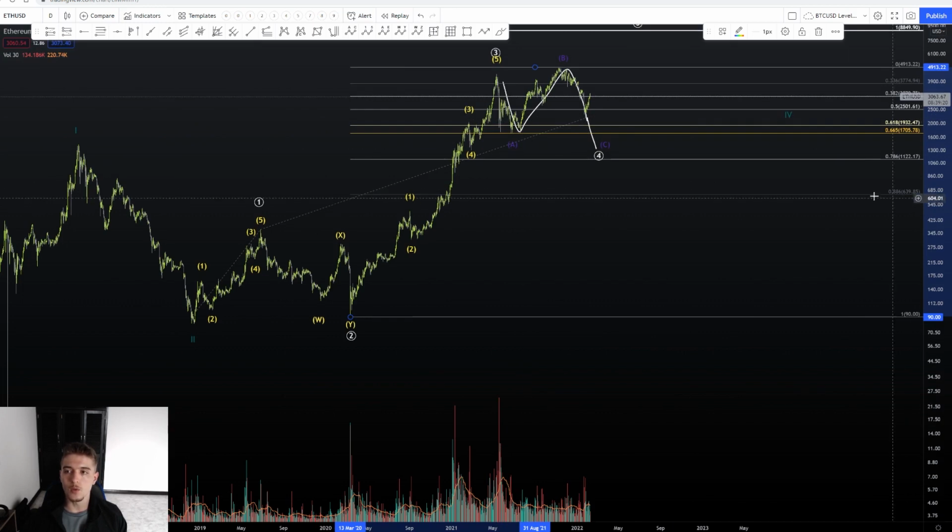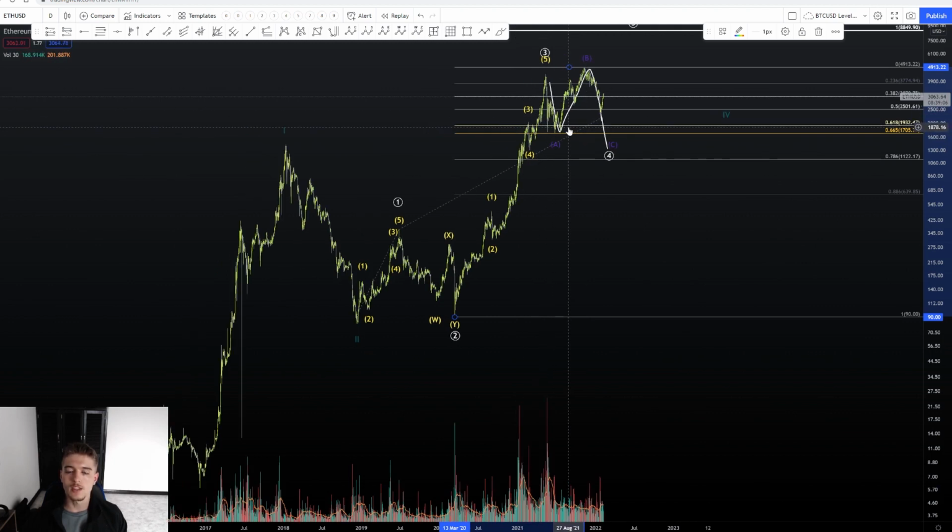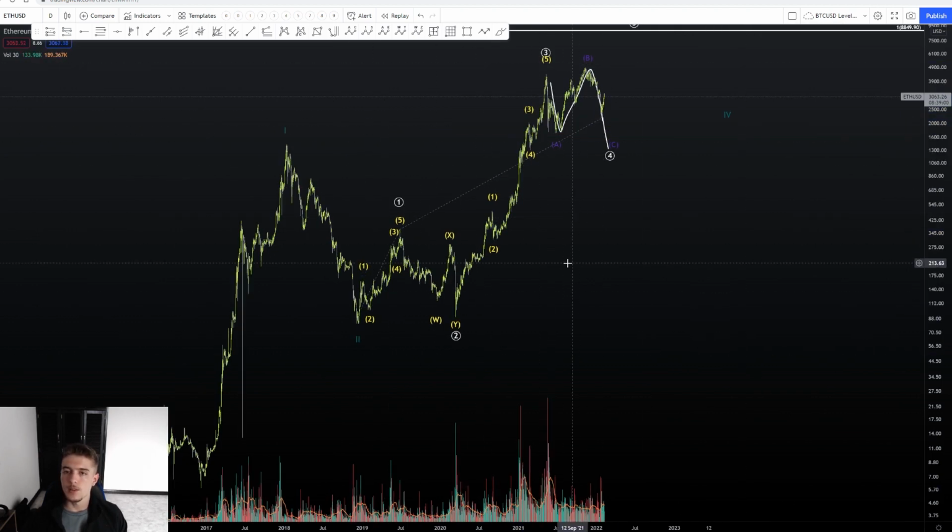For a wave 4, you would want to be looking for the 0.382. So that's another piece of confluence that we could be using to evidence that this could be a wave 2 instead of a wave 4. So that's something to keep in mind, that this could all be a WXY, and this could be a 1, 2 up here. So now let's get into some of the more subdivisions.